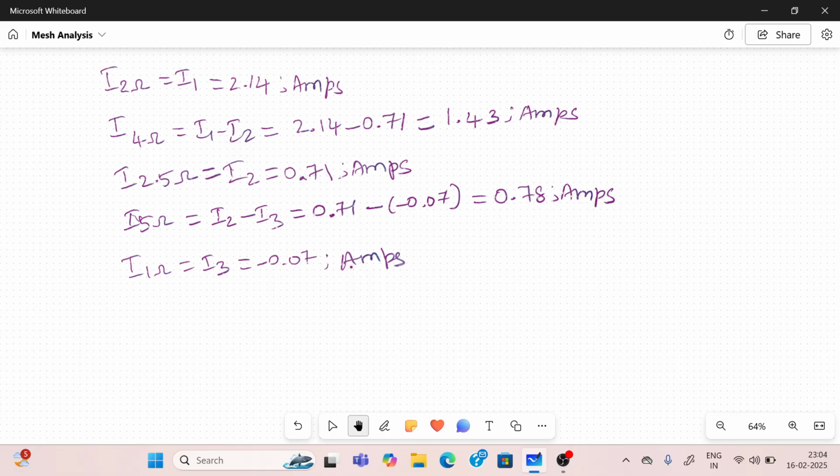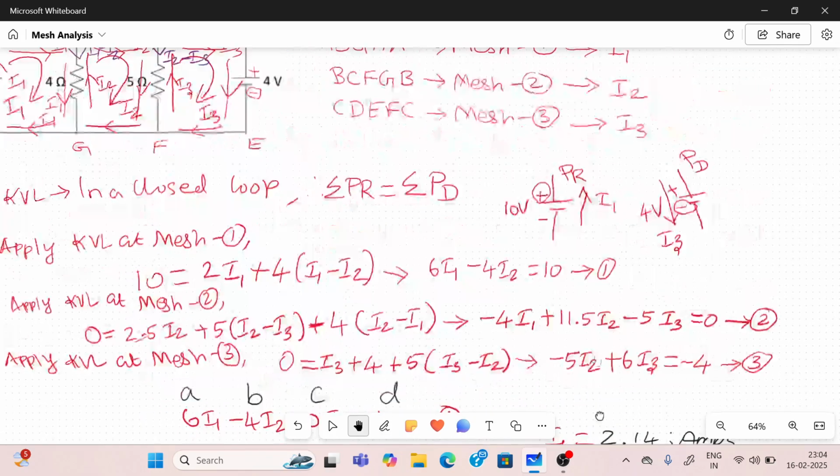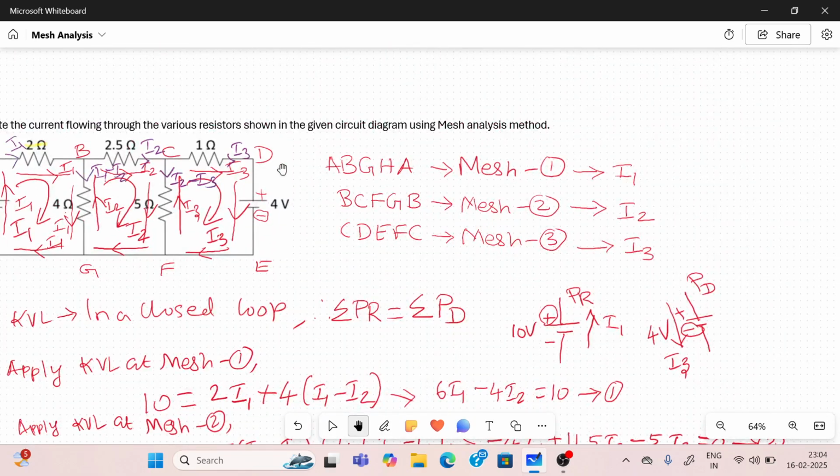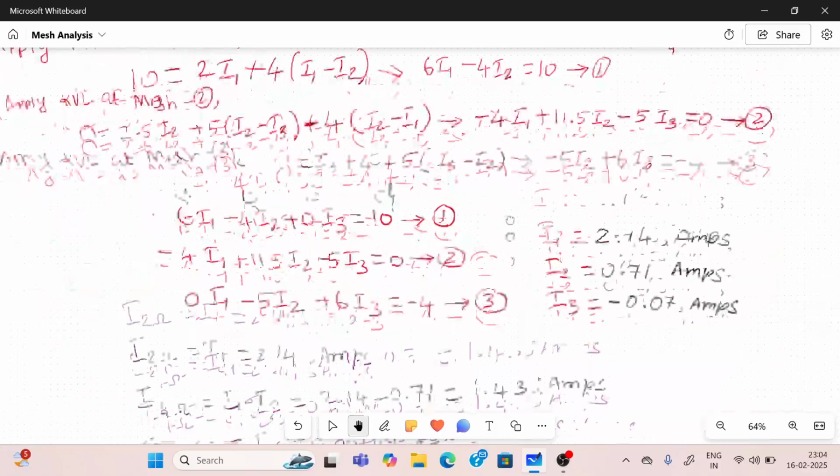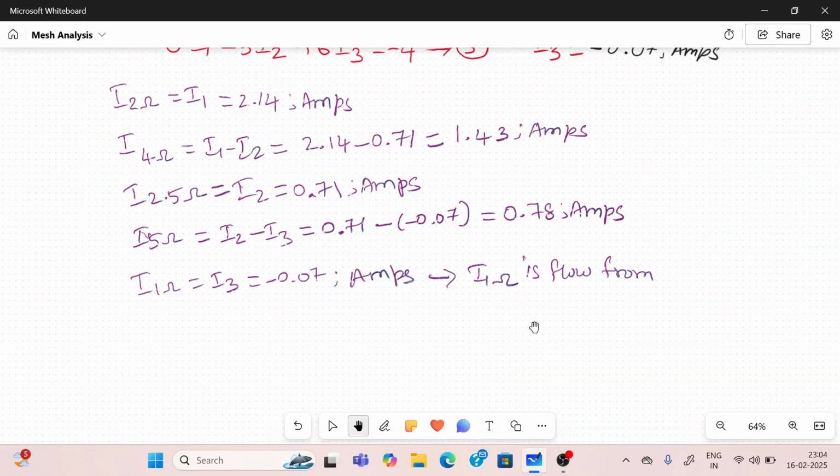You want to write it out: the actual current through the 1 ohm resistor flows from D to C, not from C to D. The actual current flows from D to C, right?